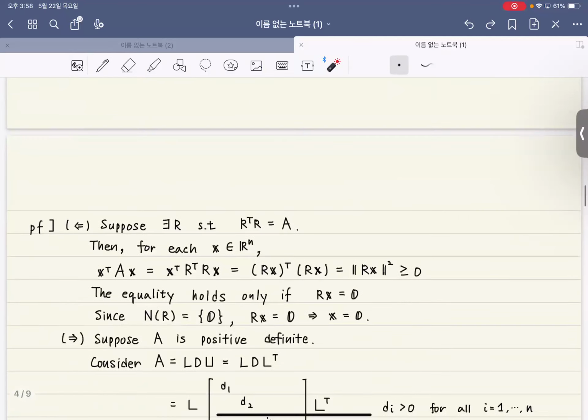So Rx equals 0 and R having a trivial null space implies that x must be the 0 vector too, right? So therefore, the equality holds only if x equals 0. So that also implies that A is a positive definite matrix.